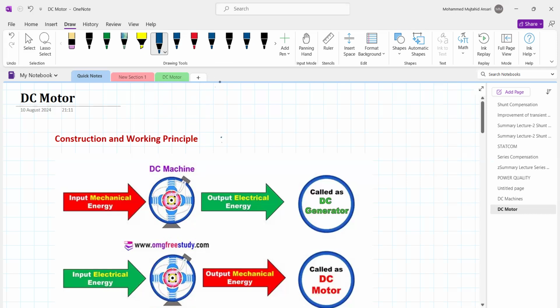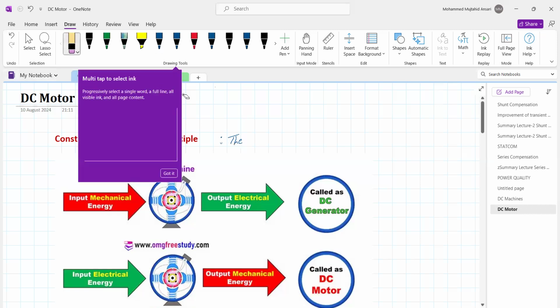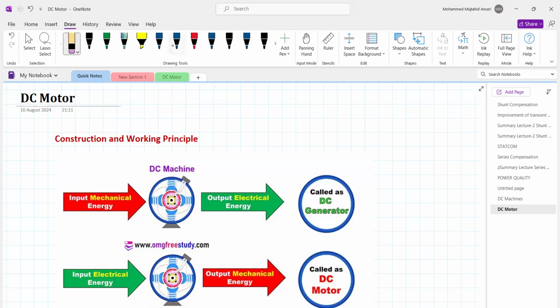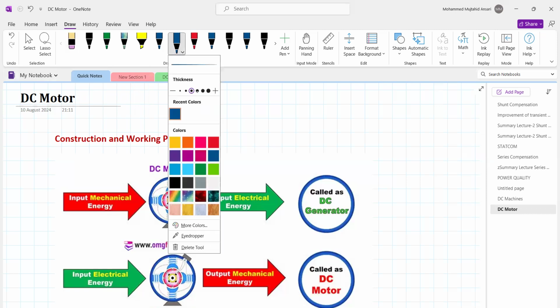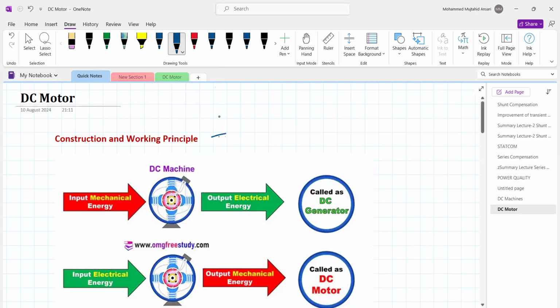So first we will write the construction of DC motor and DC generator is same.